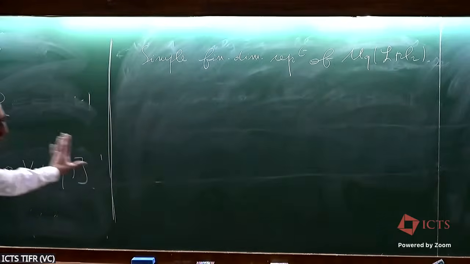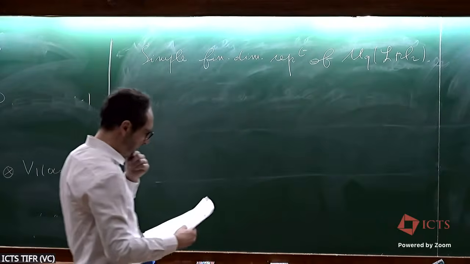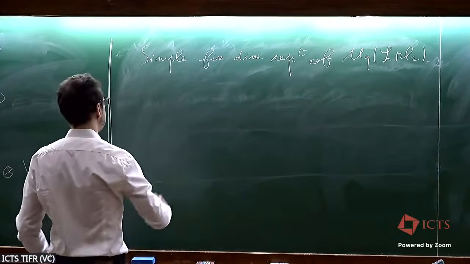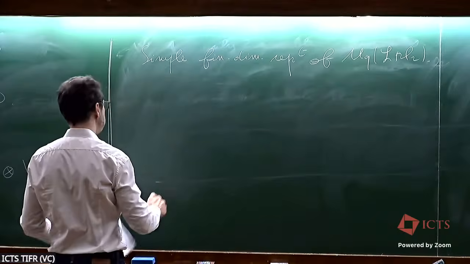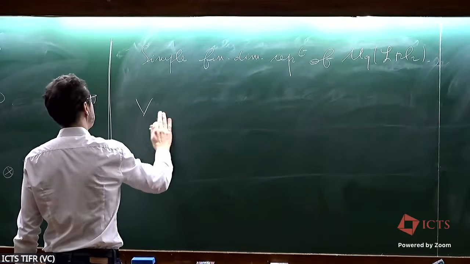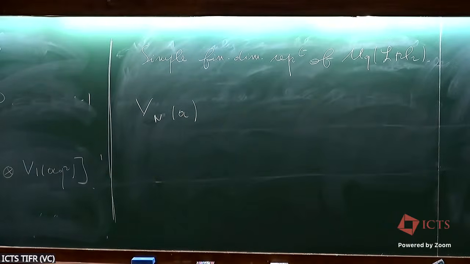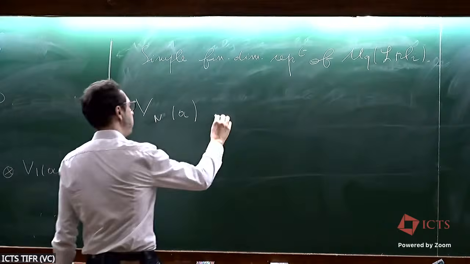So here we had already some examples of this, but it can be generalized. So the first thing we will do is denote by V_n(a) the evaluation module.